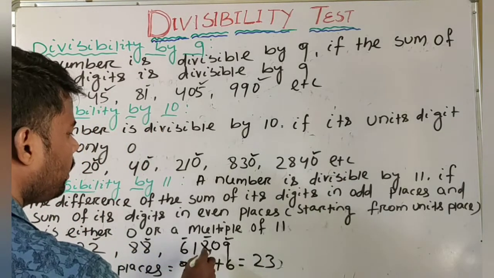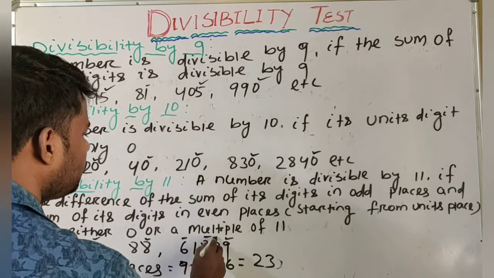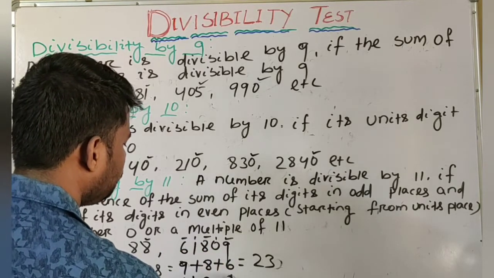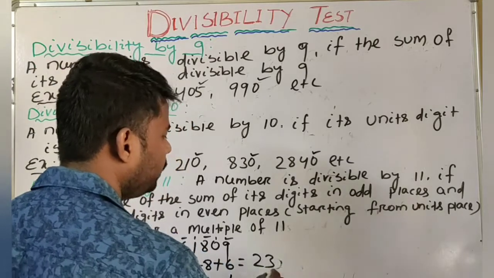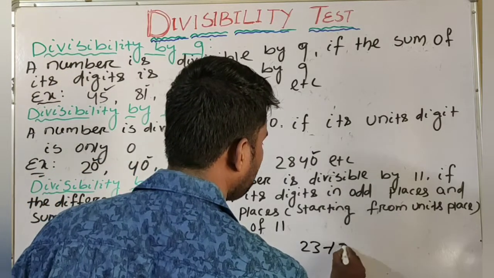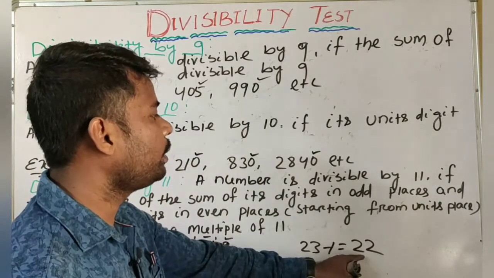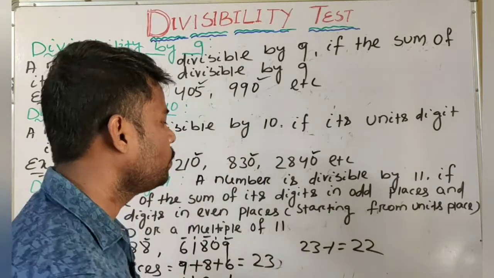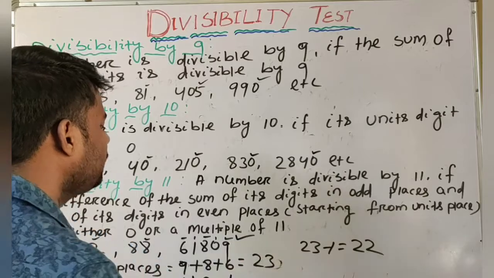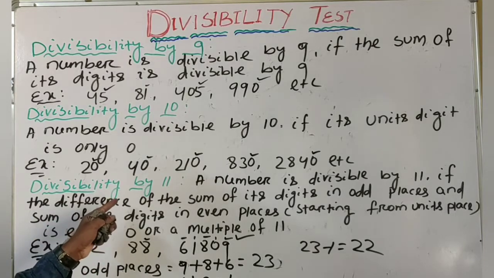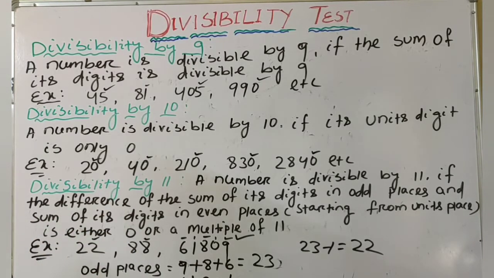Then its even places are 0 and 1. 1 plus 0 is equal to 1. And the difference will be 23 minus 1 is equal to 22. And this one is a multiple of 11. So this number is divisible by 11. So in this way, we can find out which number is divisible by 11 or not.